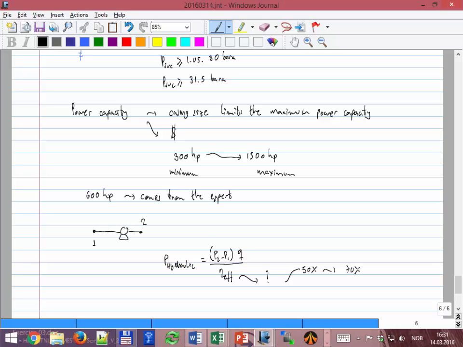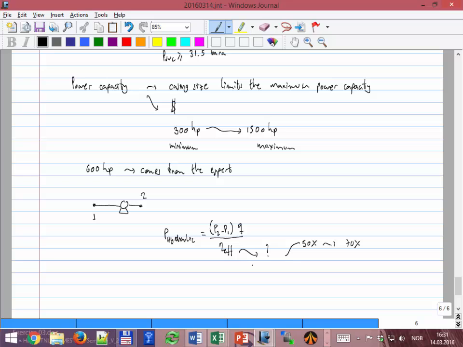You don't want to pay too much money for a pump like that, okay? So reality is between 50 and 70% efficiency. And that means that to achieve a certain delta P you are going to need 1 over 0.7 times more energy, because the rest is going to be dissipated in friction, in all kinds of losses, okay?